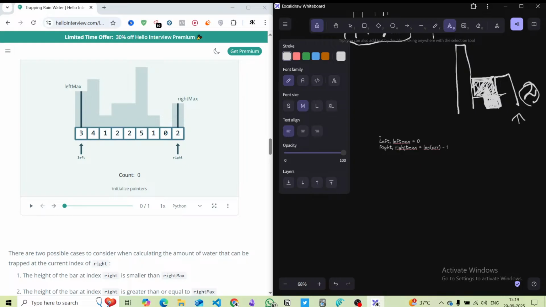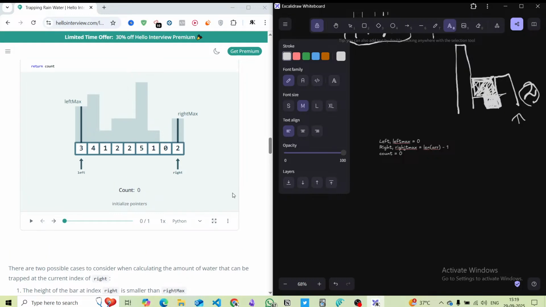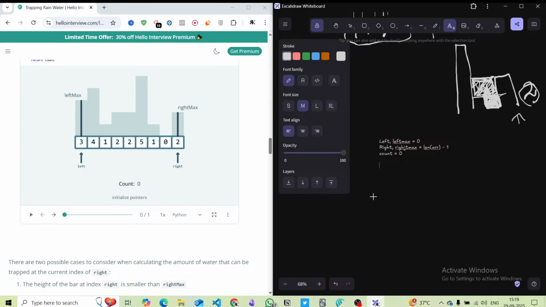They have count to return the total amount of water in that container. The next condition is if left max is less than right max. If it's not the case, we decrement right minus or equal to one.